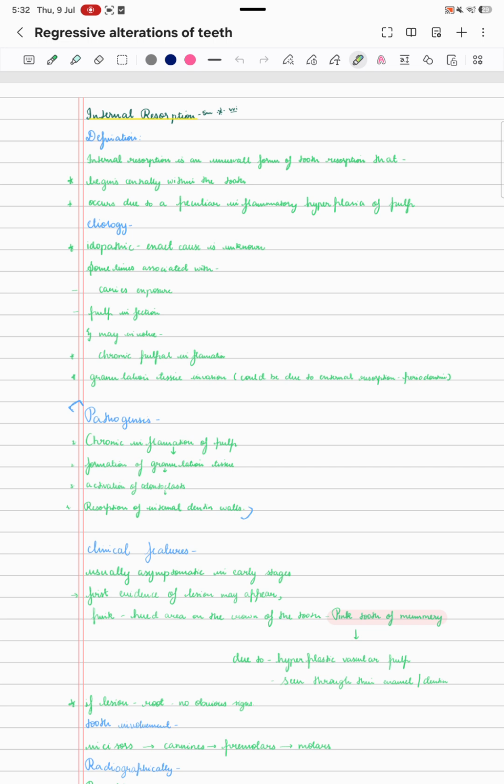Internal resorption is an unusual form of tooth resorption that begins centrally within the tooth. It occurs due to a peculiar inflammatory hyperplasia of the pulp.